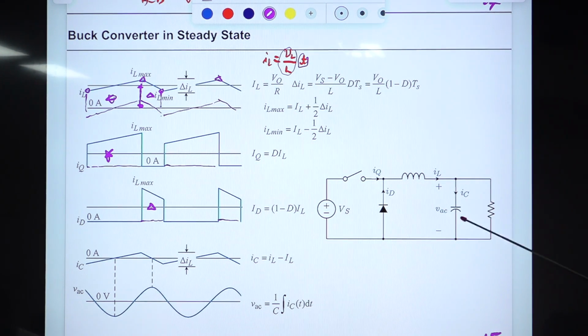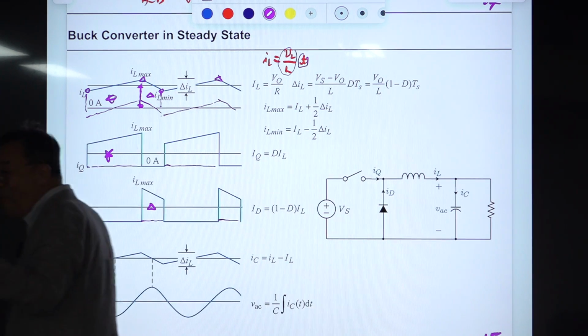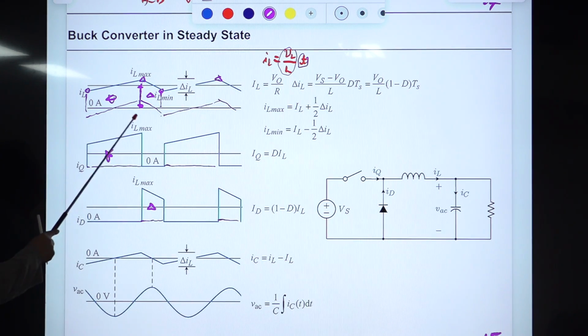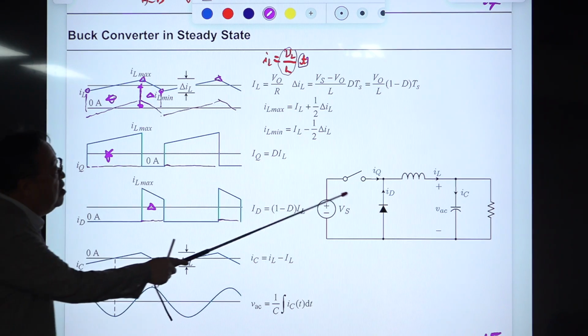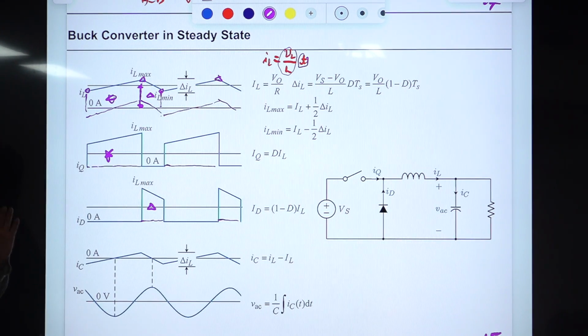But usually you use a large capacitor to reduce the ripple component of the output voltage. In that case, the reactance of this at the switching frequency is much smaller than this resistance. So almost all of this AC component will pass through this one. Okay, that is our desire.